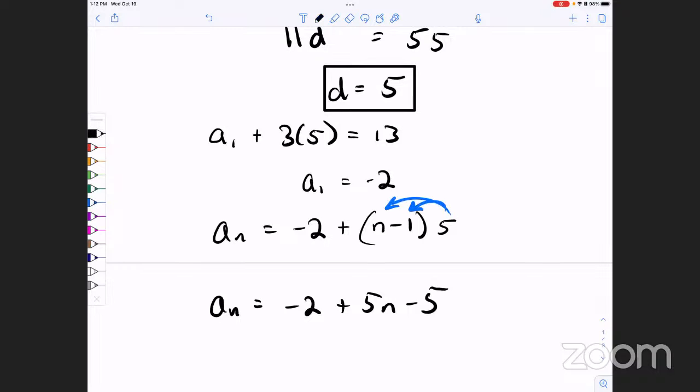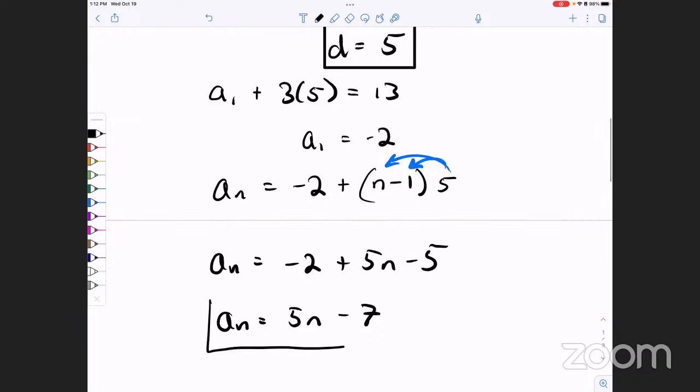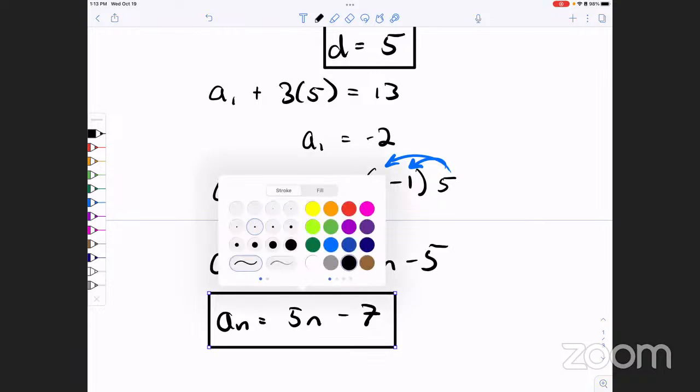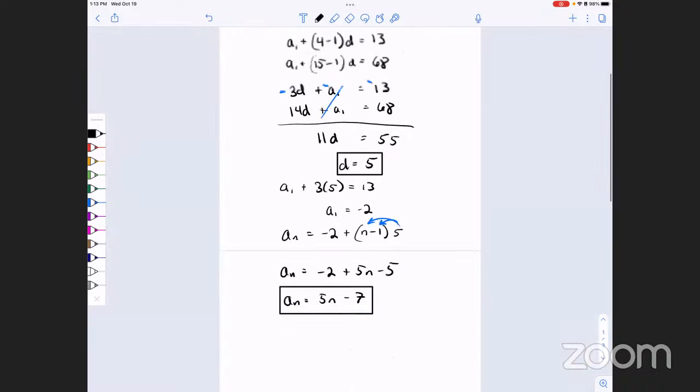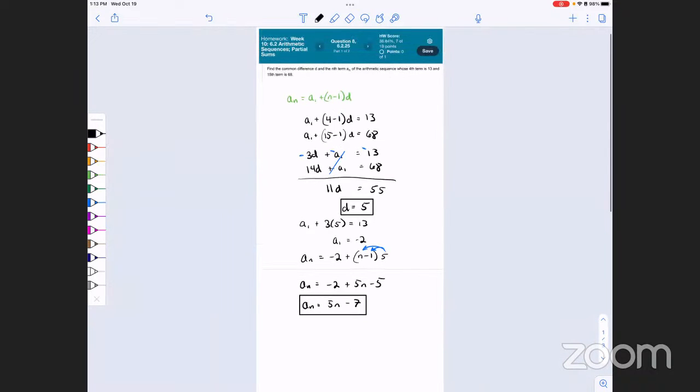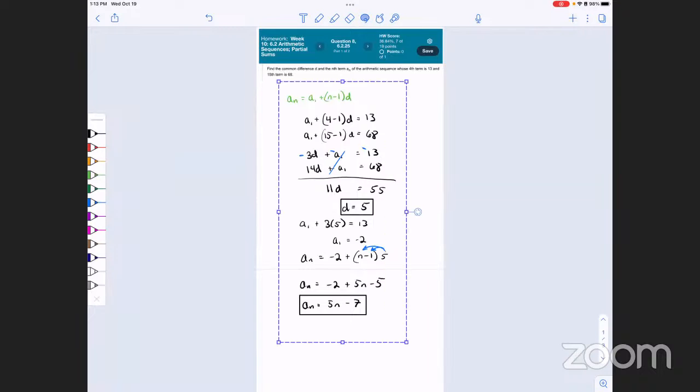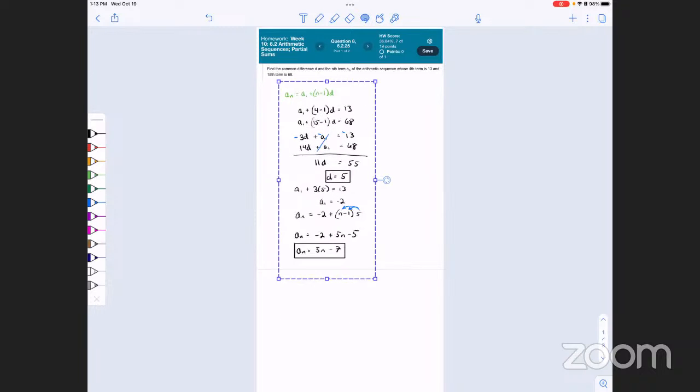Combine like terms: an equals 5n minus 7. So that should be the nth term. Any term that we want, this should take us straight there. And we can verify it by comparing it to what was given originally. I'm going to shrink this down just a little bit to get it to fit.